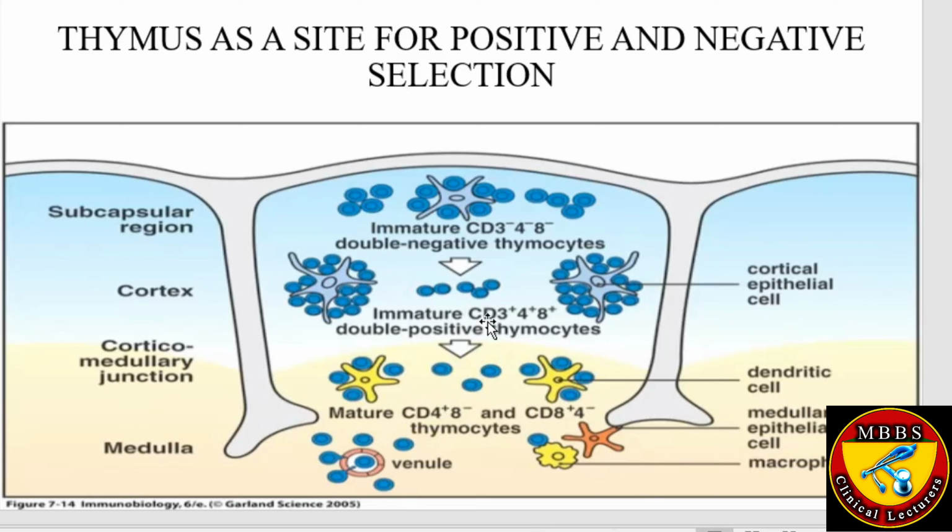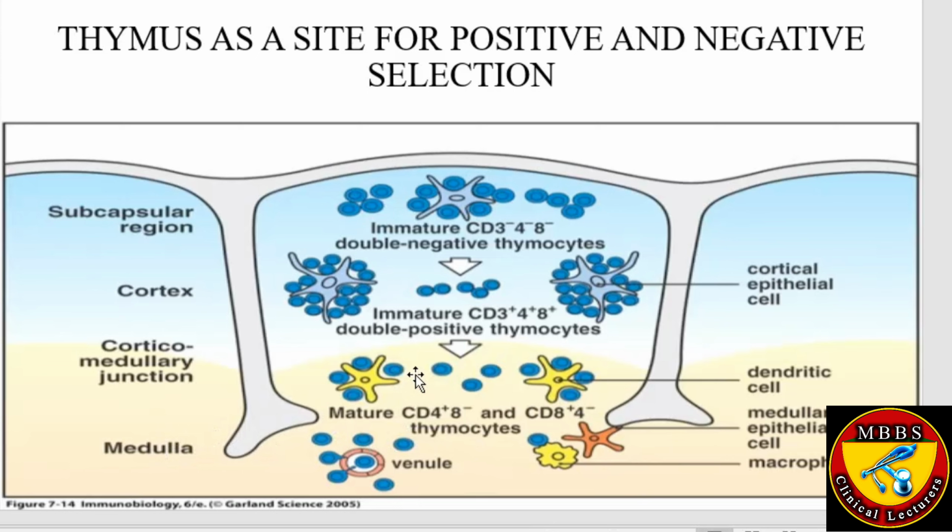Or if these double positive cells come into contact with a cell bearing class 1 MHC protein, then it will differentiate into CD8 positive cells. So these double positive cells and double negative cells are located in the cortex, while the single positive cells are located in the medulla.